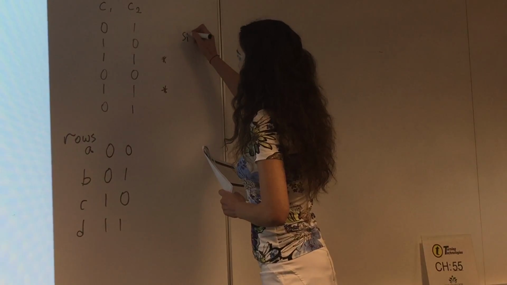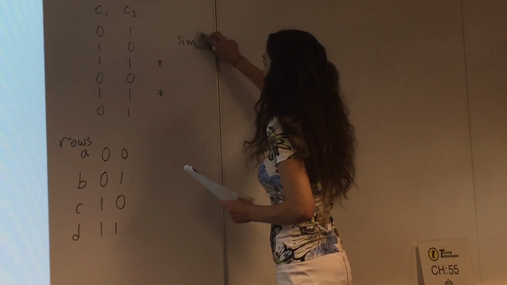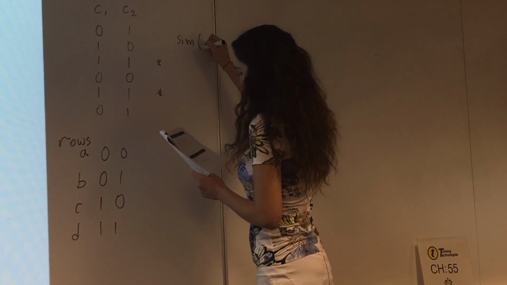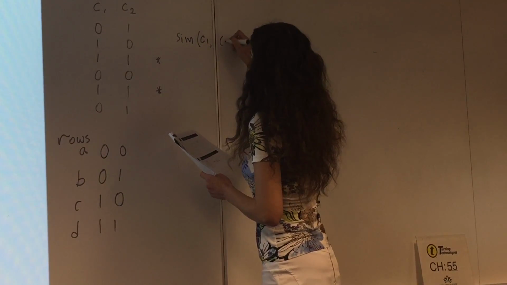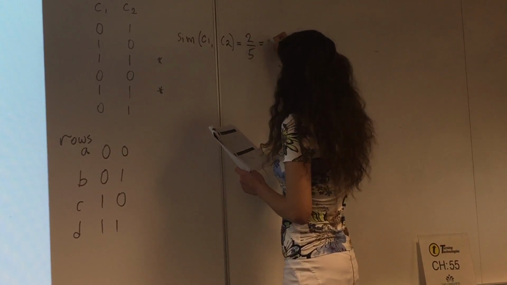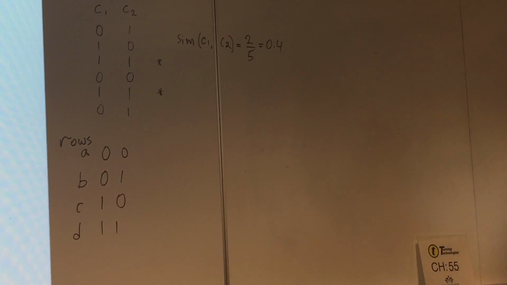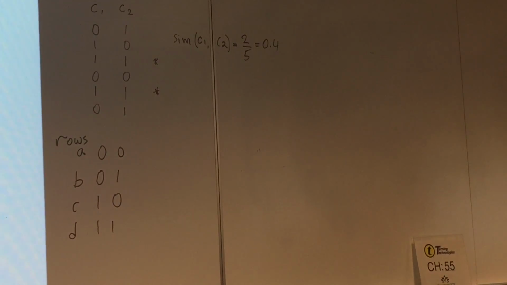So then the similarity between C1 and C2 would be equal to 2 over 5, or 0.4. So that's what that is.